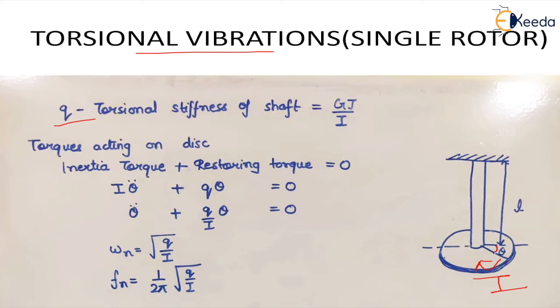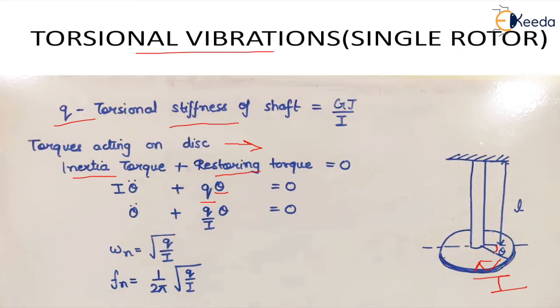So if we say that the system is in equilibrium, the inertia torque should be equal to the restoring torque. What is the restoring torque? It is basically the stiffness into displacement. The displacement is theta, and the torsional stiffness is denoted by Q. And what is the inertia torque?